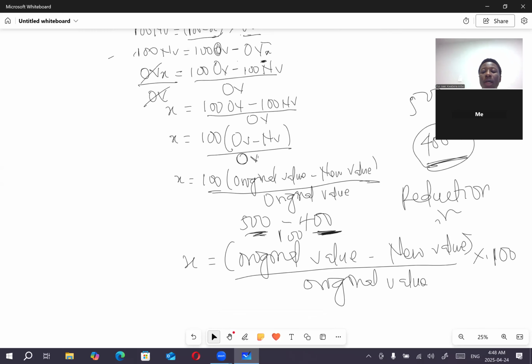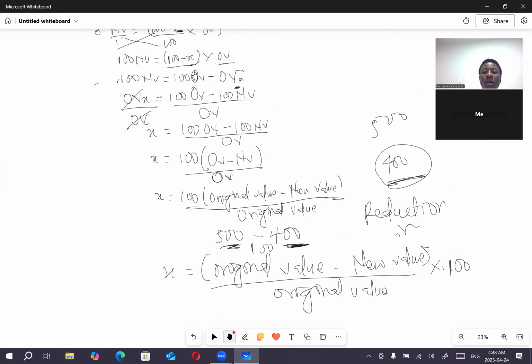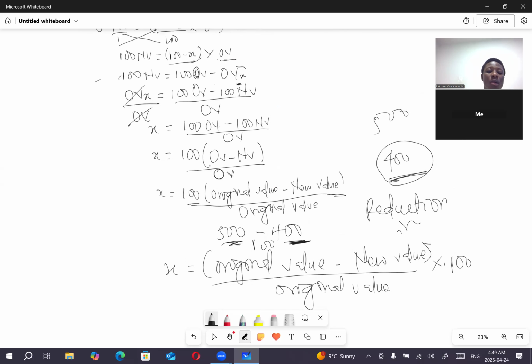So you see all the formulas came out. This is not rocket science. So this is formula 3, where X represents what? Depreciation. So X is what you see in your books as depreciation, or depreciation rate. Please, do you have any question? Feel free, if you have any question, talk to me.